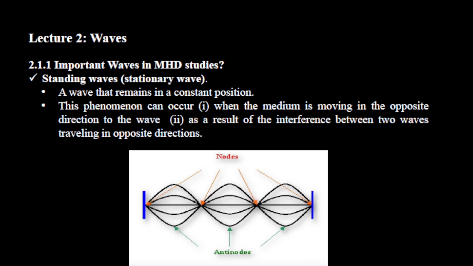The phenomenon can occur when the medium is moving in opposite directions. So this is moving in the opposite direction of this. They can collide, and because one is positive, one is negative, of equal magnitude, they tend to suppress each other to remain constant. As a result of interference, interference can cause a standing wave.